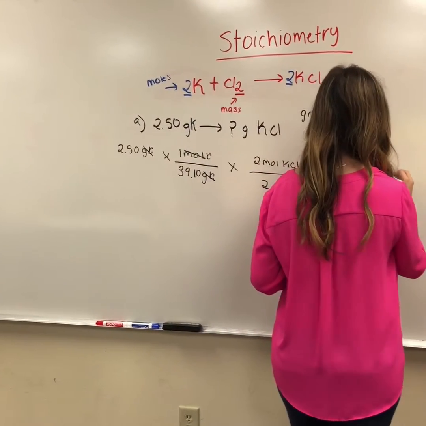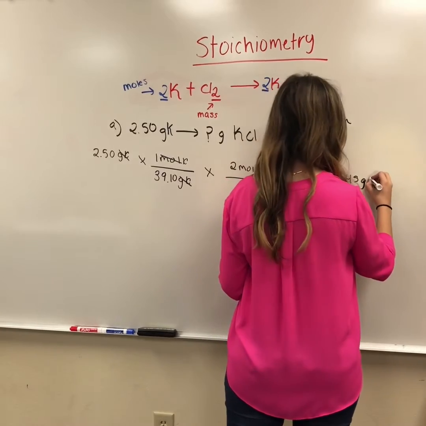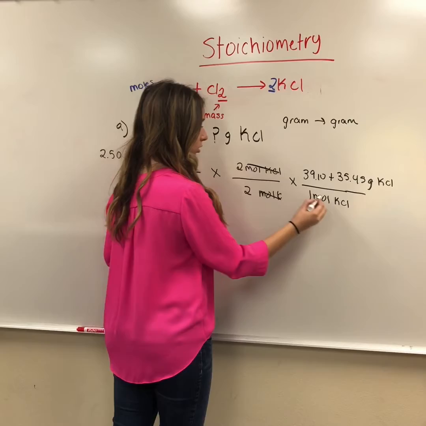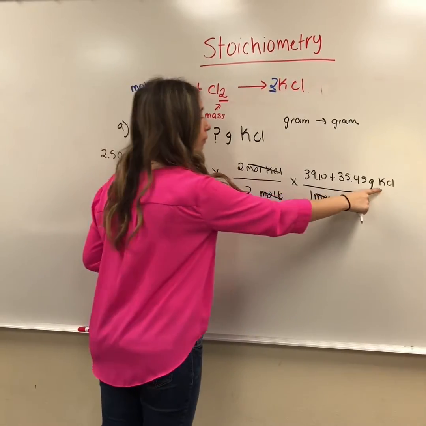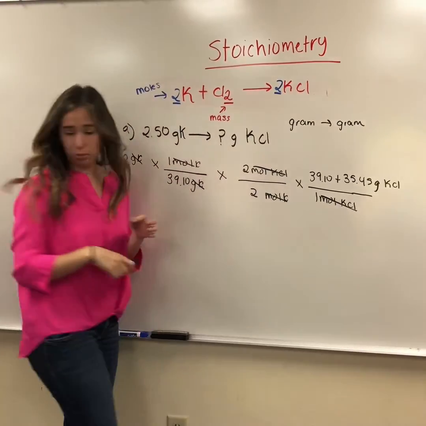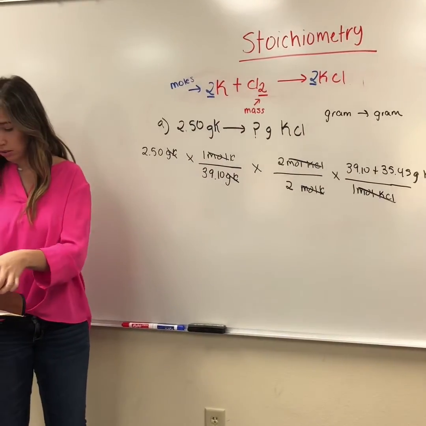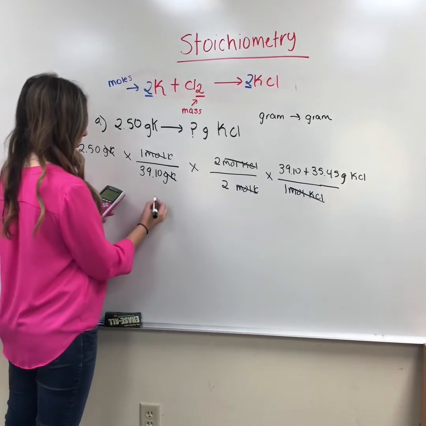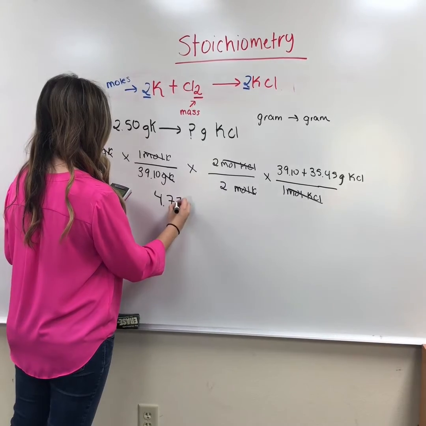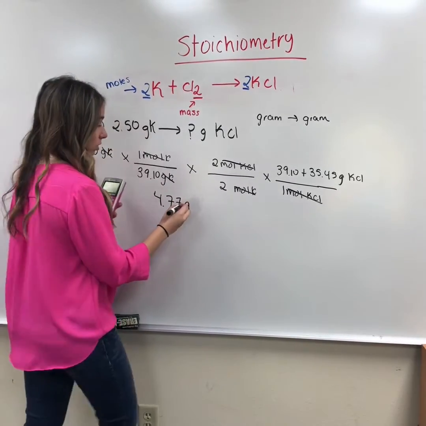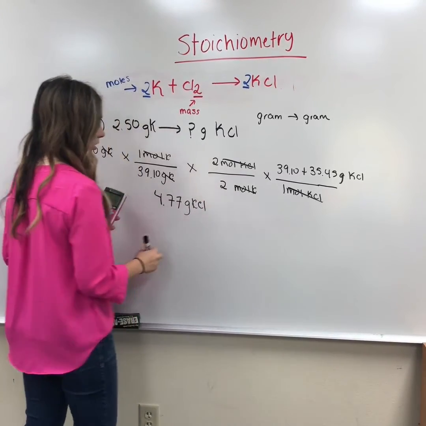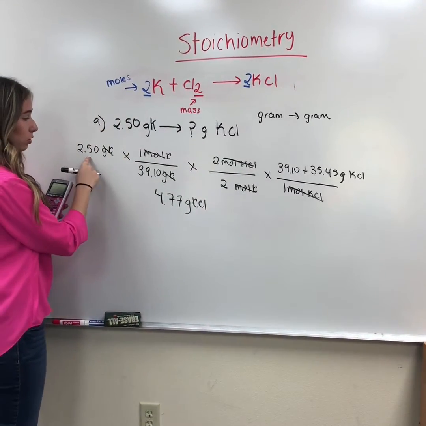And that's how many grams of potassium chloride I have. So then I can cancel these, and I'm left with my grams for potassium chloride, and that's what I want. So now I just simply put that into the calculator. Okay, and it's 4.77 grams of potassium chloride. And we look at 3 sig figs because we have 3 sig figs.